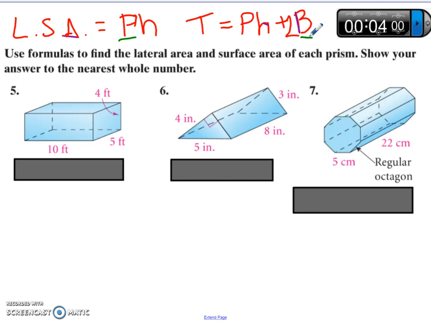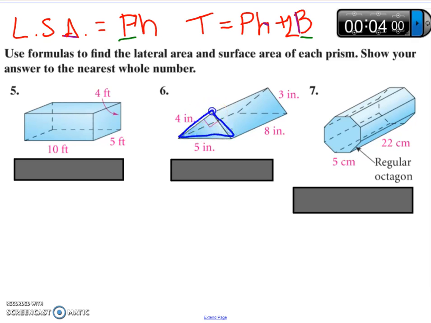So for the case of a prism, your bases have to be parallel to each other. So for example, on number 6, the bottom rectangle, that is not the base because there's not a top rectangle up here that's parallel to it. So those would not be the bases.